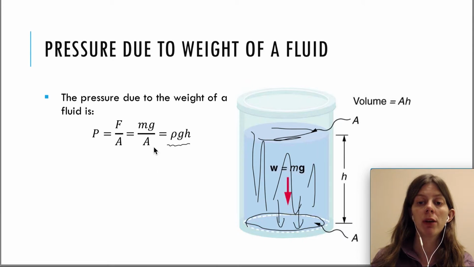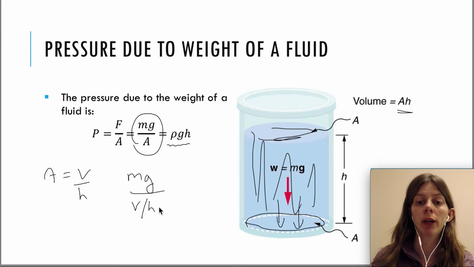The way that you can figure this out, although you're not going to have to derive it, is by looking at this picture here that reminds you that the volume of this cylindrical surface here is the area times the height. So you can replace the area here by the volume divided by the height. And then you can plug that into this expression here. You're going to get mg over V over h. Then you can multiply by the reciprocal.